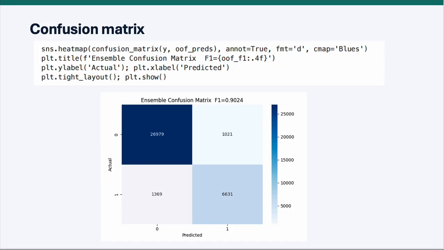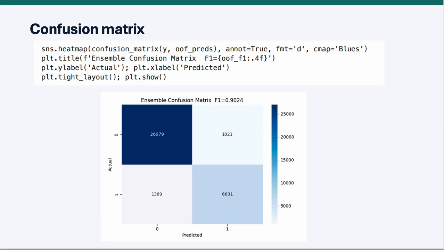We plotted a confusion matrix using the optimized threshold. In a lending context, false negatives represent approving risky borrowers, leading to financial loss. False positives represent rejecting safe borrowers, leading to opportunity cost.